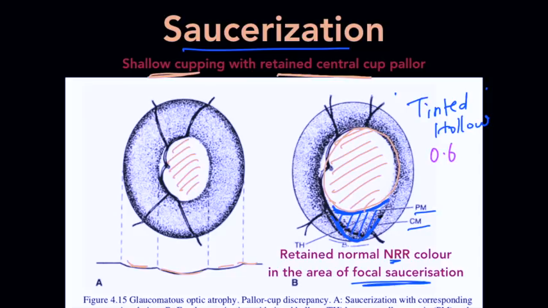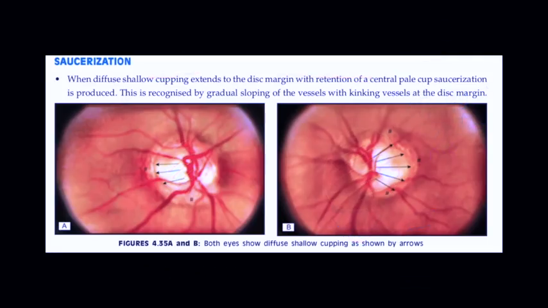But in fact, when we have a focal defect here, we cannot call this a healthy neuroretinal rim. There's a saucerization. There is a focal area of loss of the rim, and therefore it is very, very important for us to always make sure that you follow the contour of the cup rather than the color of the cup. Following the contour, following the dimensions, is very important.